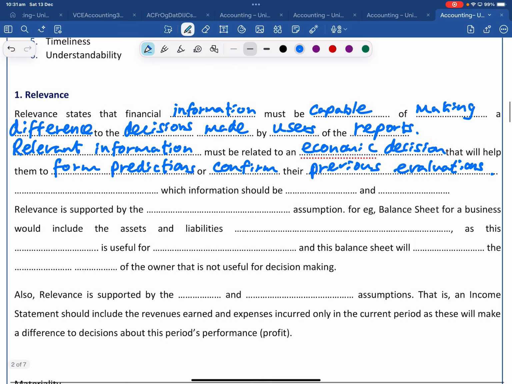Full stop. Relevance informs which information should be included and excluded.